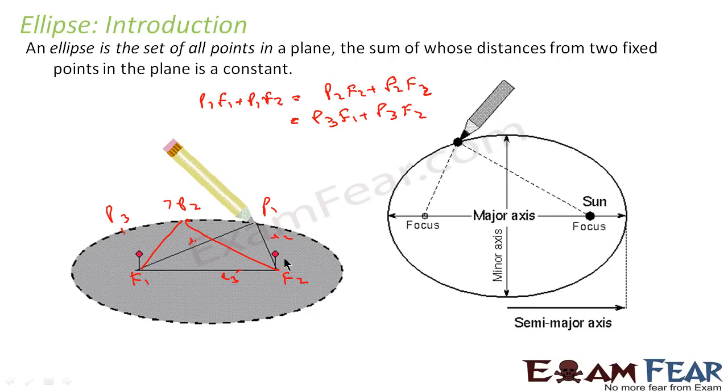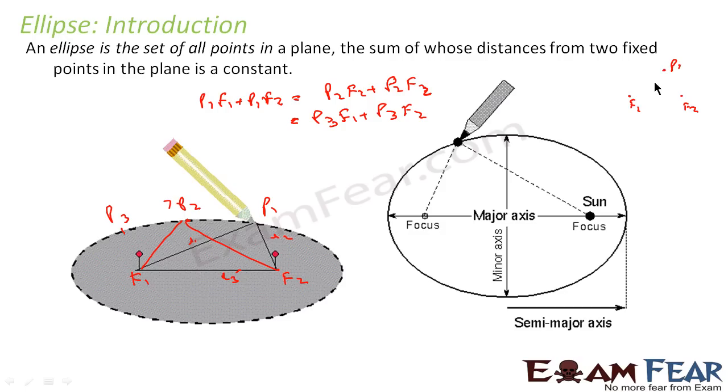So in case of ellipse, the set of all points in a plane, sum of whose distance from two fixed points, we have two foci here, is constant. Let me repeat. I'll draw here. Let's suppose this is F1, this is F2. Now you take a point P1.